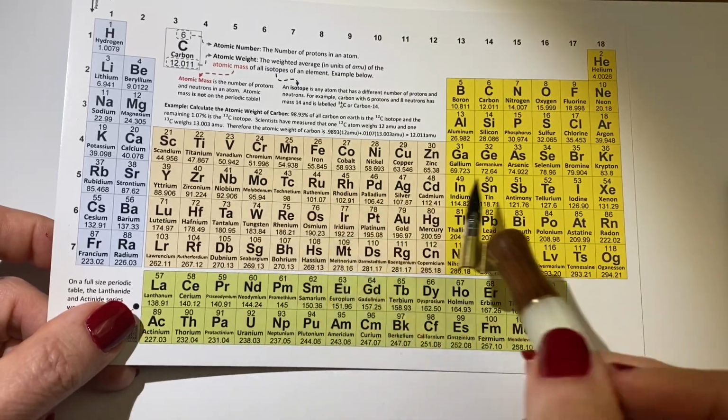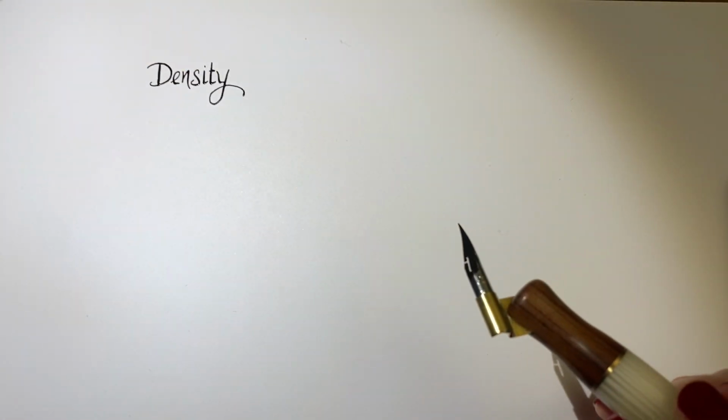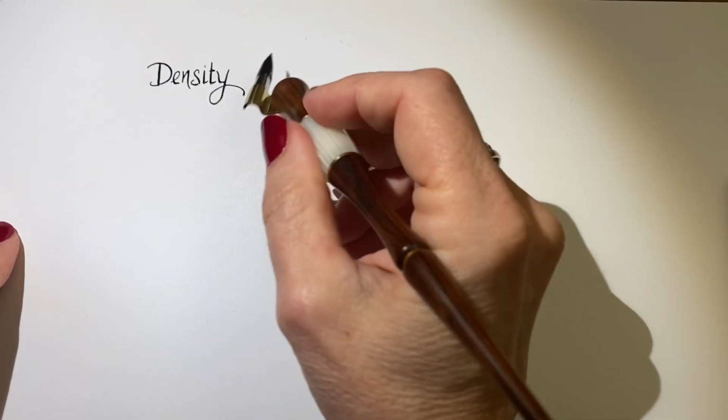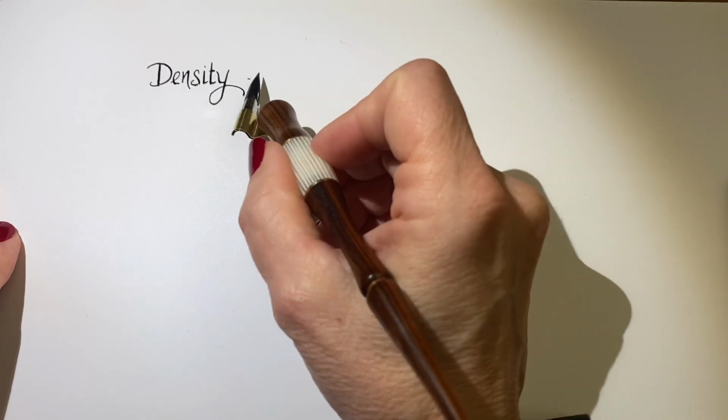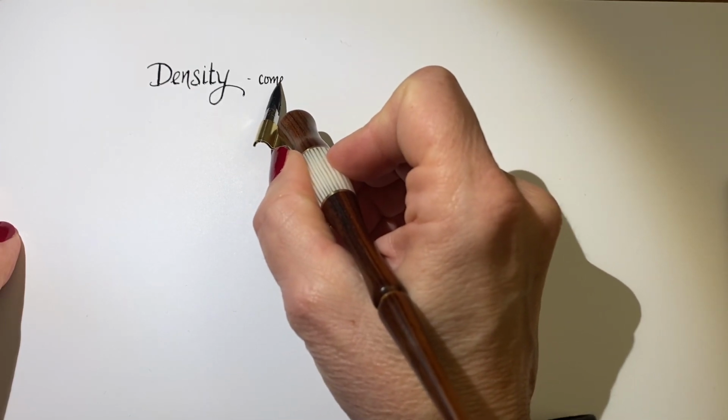So those kinds of things we can get off of a periodic table. But density is something we cannot. We must make measurements to know what it is. Okay? So this comes from measurements.